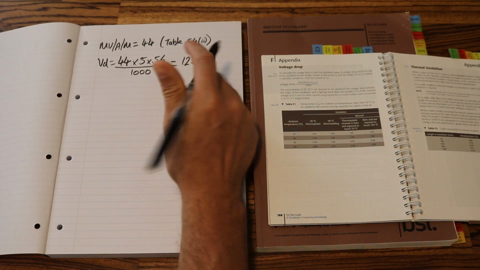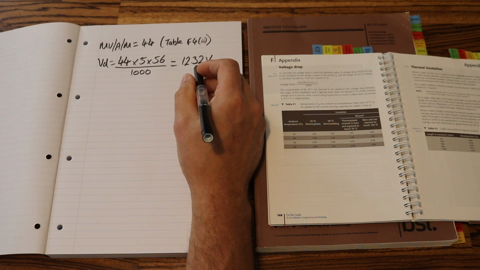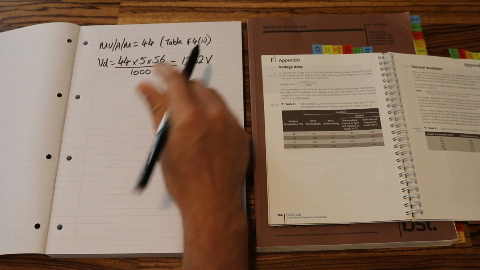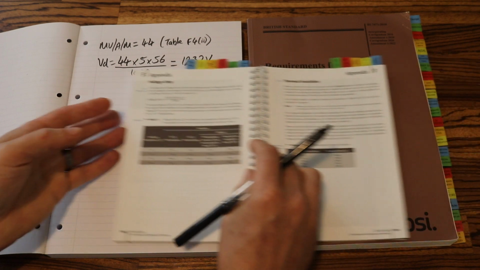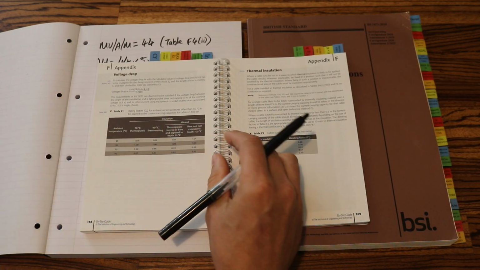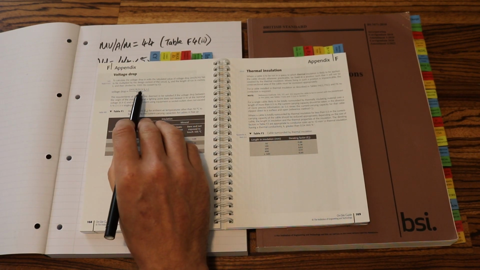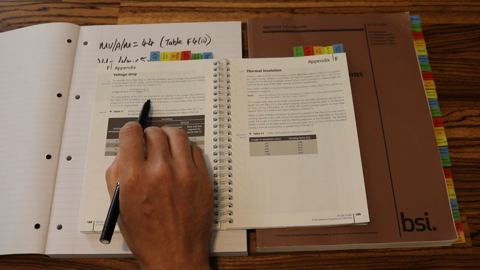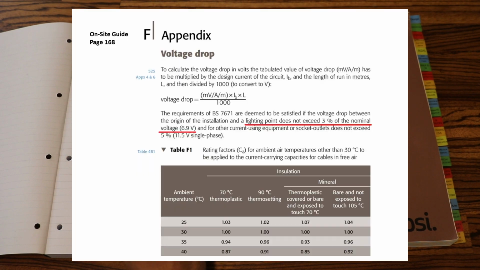Now what does this value, 12.32, my volt drop, mean? Is that good? Is that bad? Well, let's have a look. Back to the volt drop section. If you look in the paragraph below the volt drop formula, we have some explanation there. On the second line down it says a lighting point does not exceed 3% of the nominal voltage, 6.9 volts.